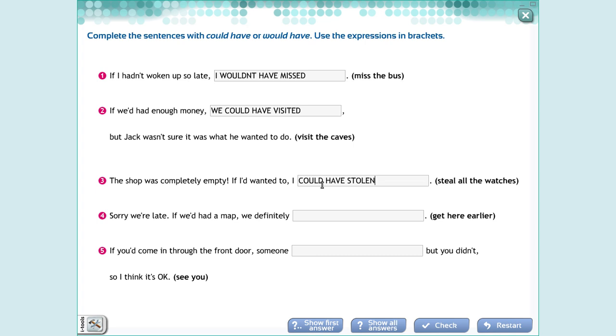Sorry, we are late. If we had a map, we definitely would have gotten here earlier. Nós teríamos chegado antes. So we would have got, it's possible to say gotten, earlier.